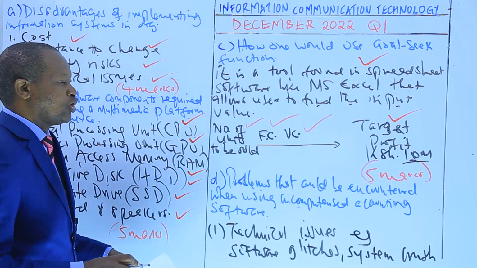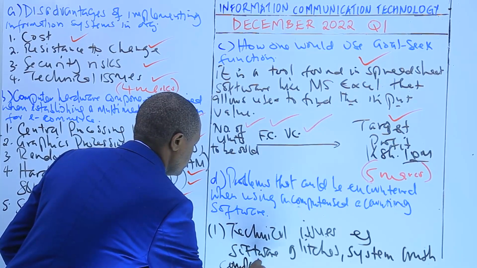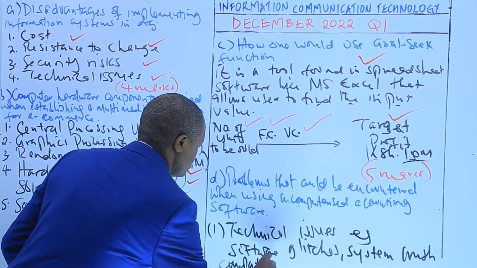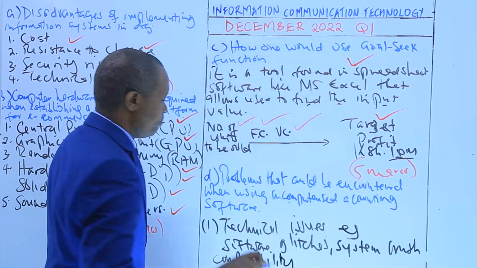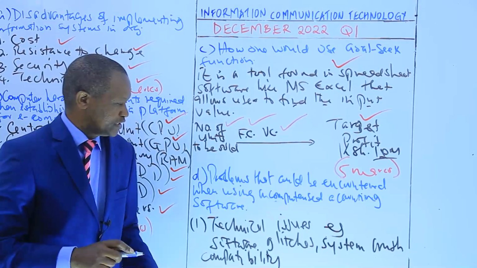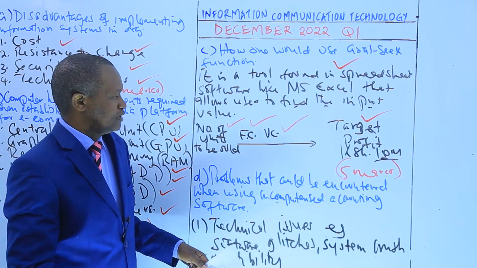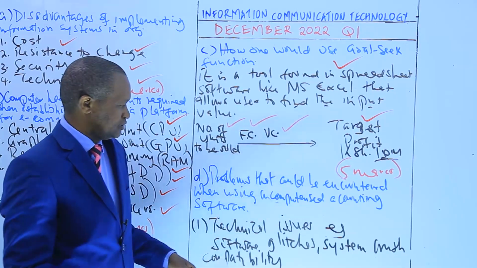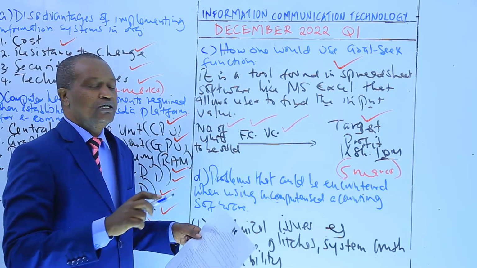There could also be compatibility issues. So these are some of the technical issues that one may encounter when using a computerized accounting software.